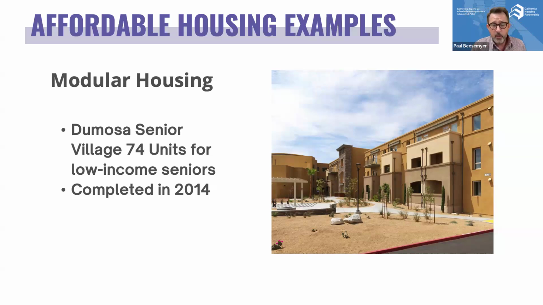So the exterior can look any way you want it to. And the value proposition of modular housing is that you save money through time savings. In most cases, at least so far in California, we haven't seen it be a major source of cost saving on sticks and bricks, that is labor and materials.